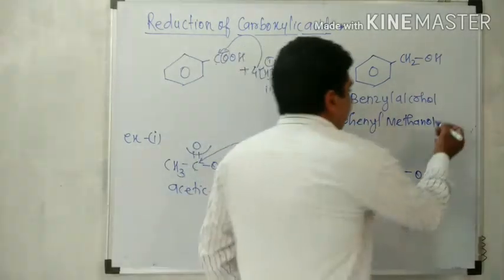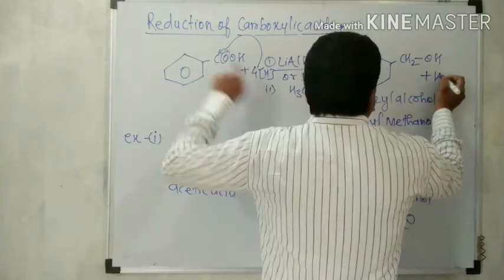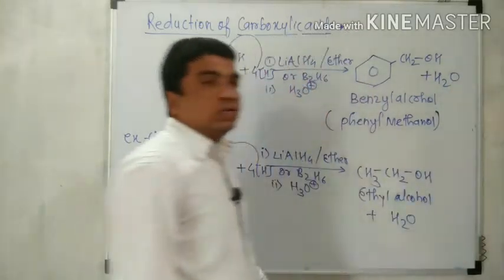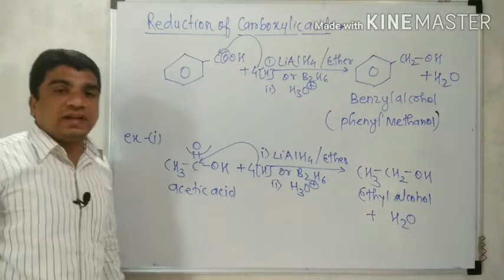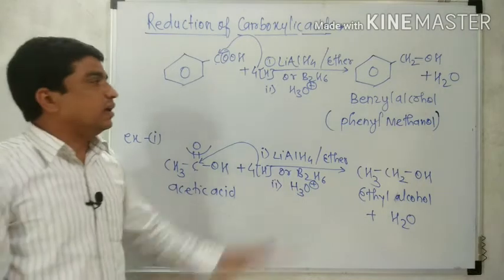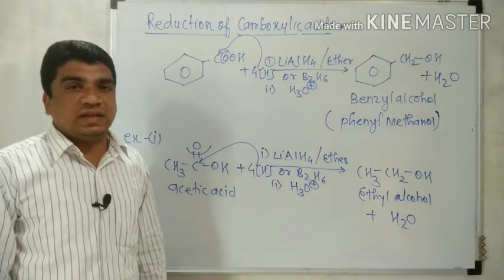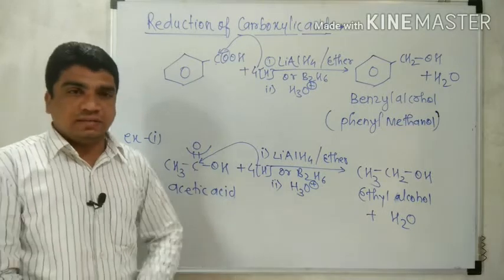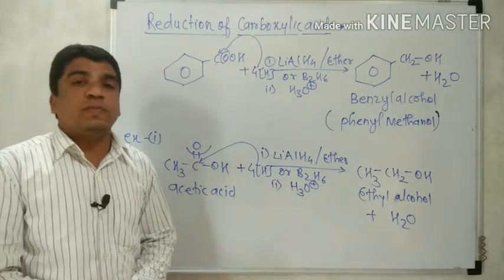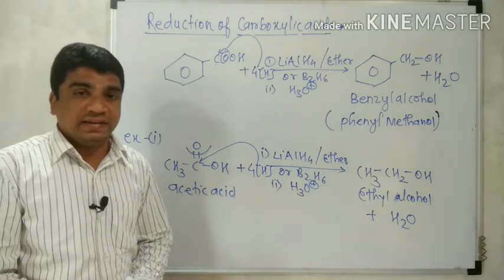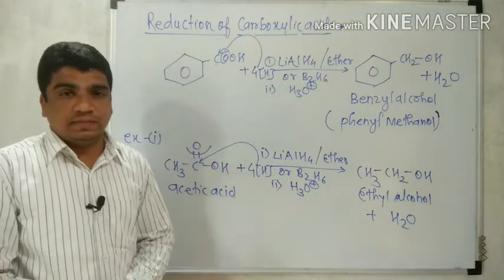Therefore it is called phenyl methanol. What remains again? H2O. Now that was about the complete reduction of carboxylic acid into primary alcohol. Remember this important reaction. Now after this reaction, the reactions of aliphatic carboxylic acid are completed.